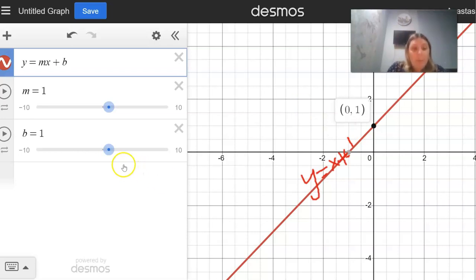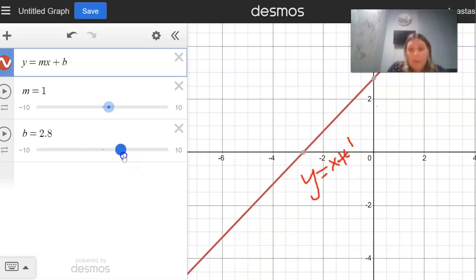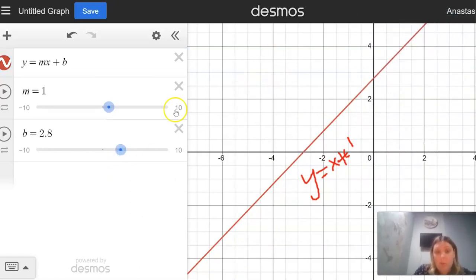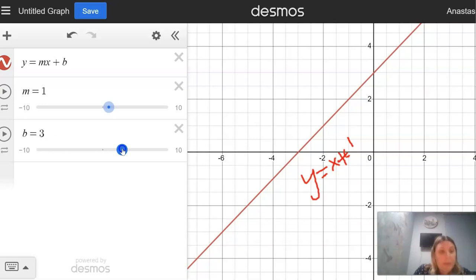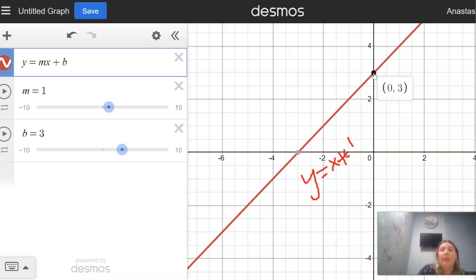So, as I move my b, you can clearly see that my line starts to move. So right now my b is 3, and the point where my line intersects the y-axis is 0 and 3, right?